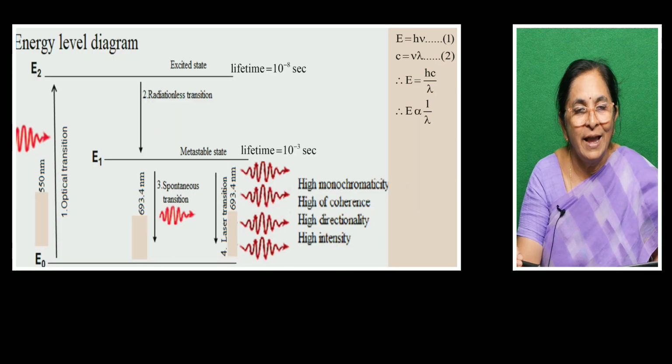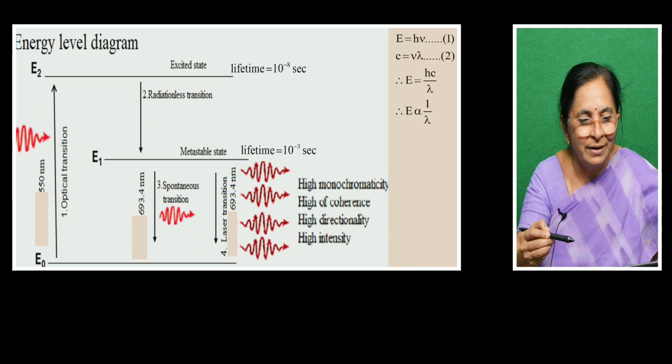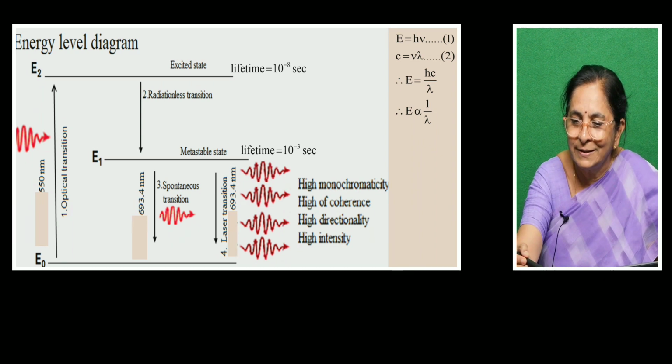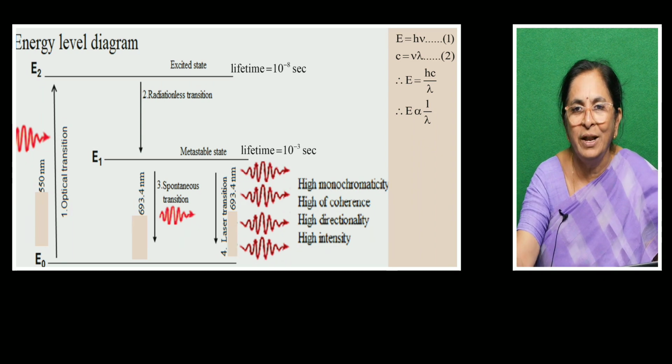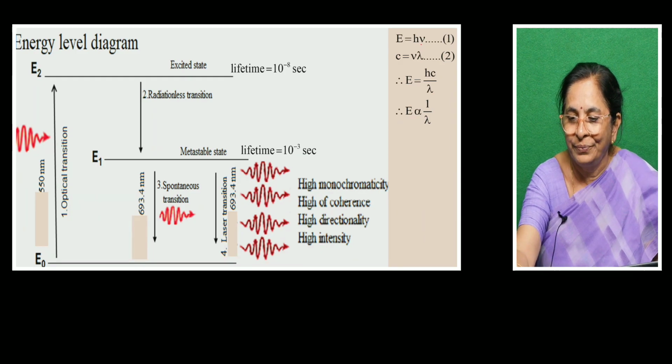Next, we will see the energy level diagram. Before going to the energy level diagram discussion, let us revise the fundamental formula. From Planck's law, we know E equal to h nu. h is Planck's constant. Nu is the frequency of the light photon. We know velocity of light, c is equal to nu into lambda.